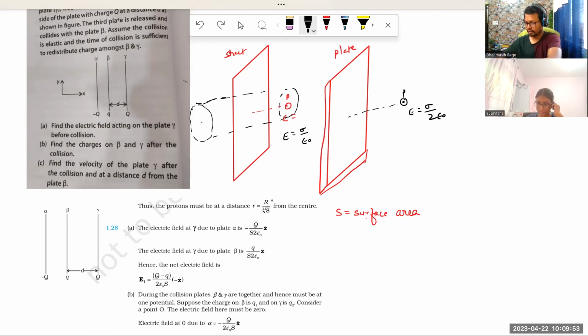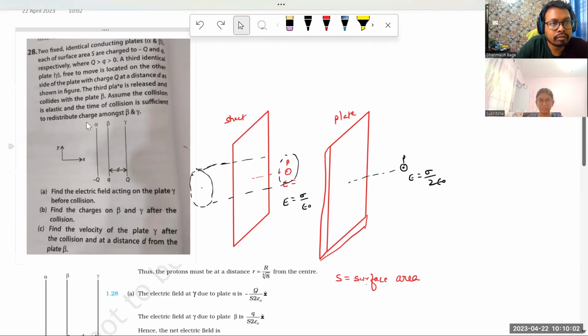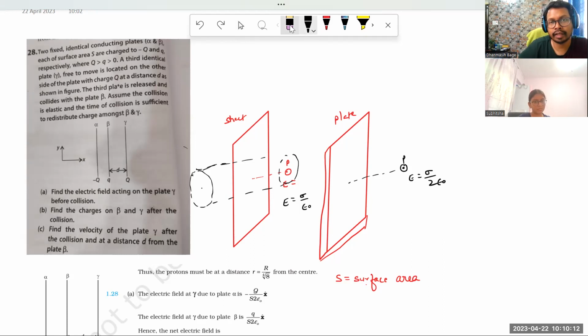Yeah, that's correct. Conducting plate. Here we go. Yeah, correct. Sigma by epsilon naught, sigma by 2 epsilon naught.